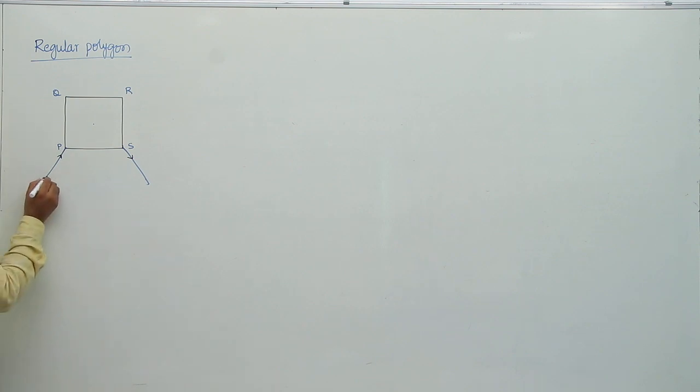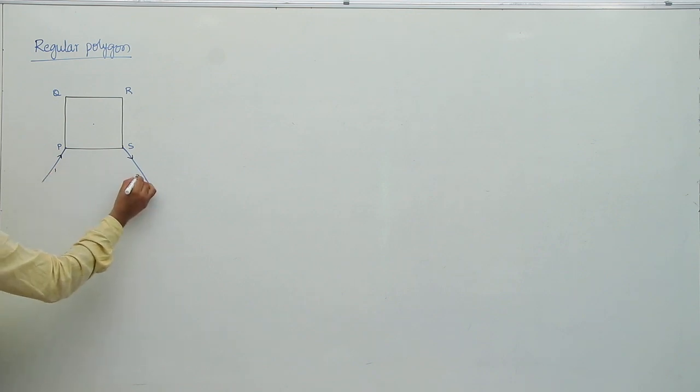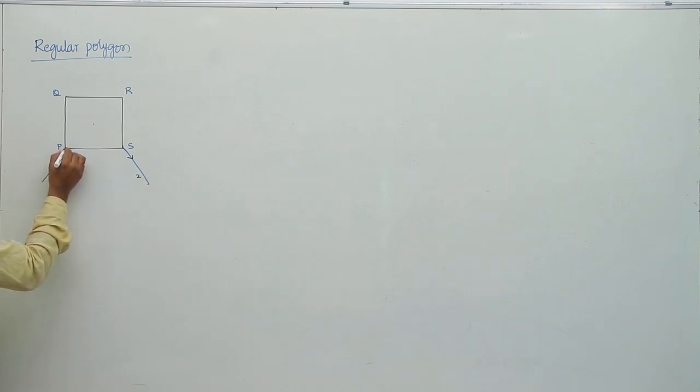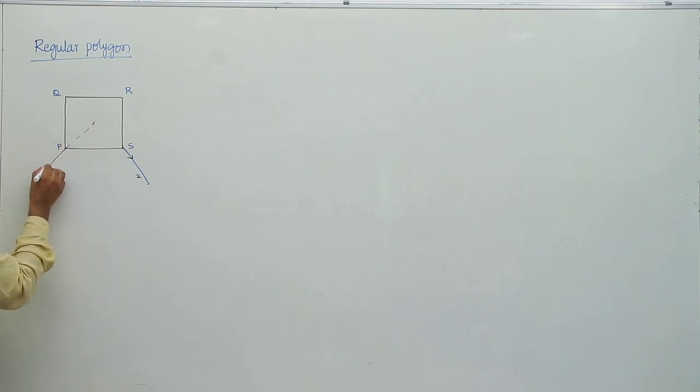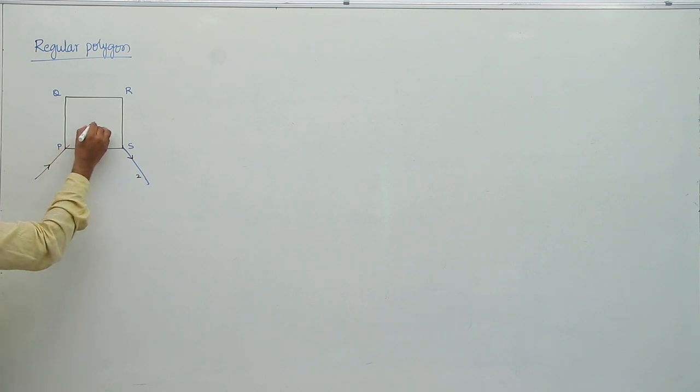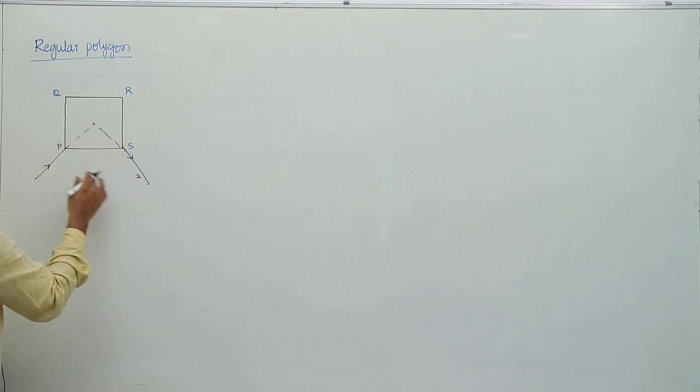Now this wire is 1, this wire is 2. Due to the first wire, the magnetic field here is 0, because if you extend this one, the center will be on its axis. Similarly, if you extend this one, this is also on the axis.